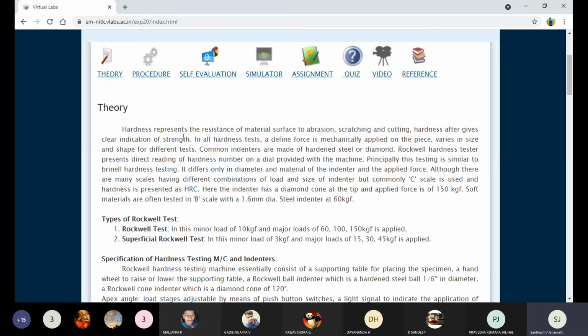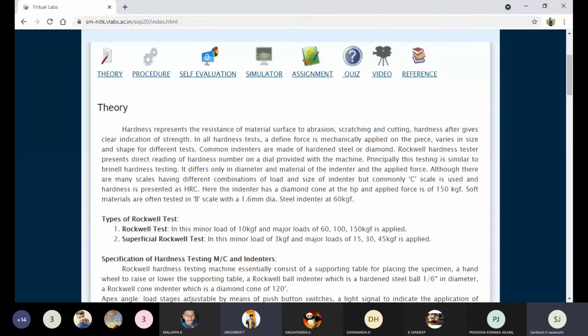If indentation or penetration are difficult words for you, you can say easily: the ability of the material to resist abrasion, scratching, cutting, or any other flaws or irregularities. That we resist these kinds of phenomena, we can call it hardness.